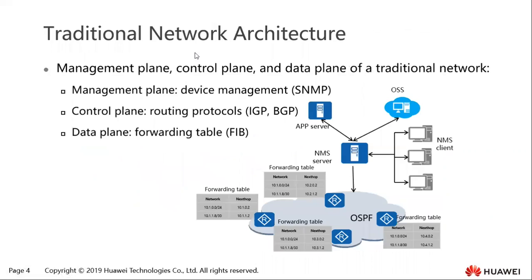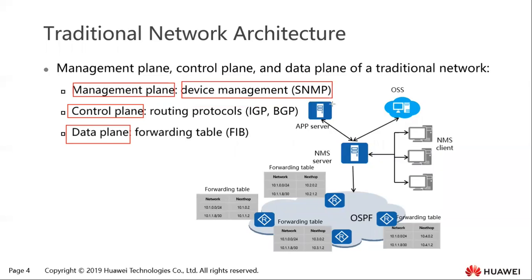Now, the traditional architecture has 3 planes, what we call the management plane, the control plane, which we've already talked about, and also the data plane. The management plane is used for managing the network, and normally you have a network management device that communicates with the network equipment using a protocol called SNMP.